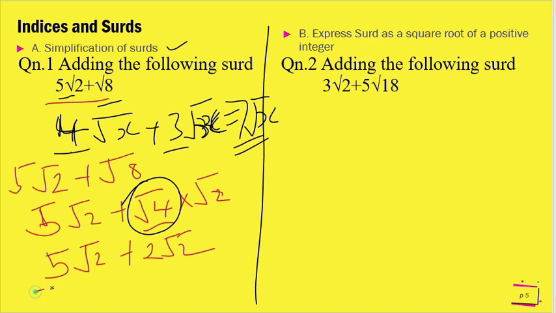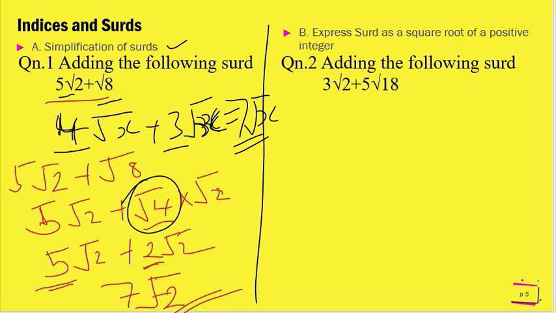Adding, we add the coefficient of the first one and the coefficient of the second one. So 5 plus 2 is 7, giving 7 root 2, and this becomes the answer. Now let's go to the second one.